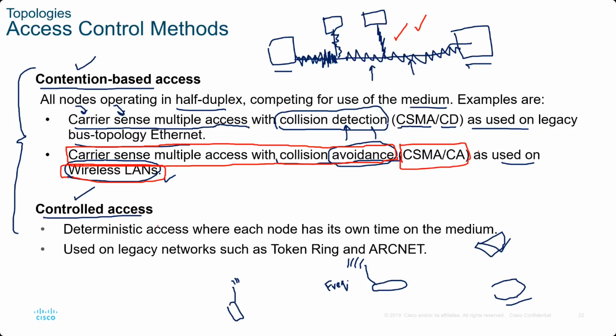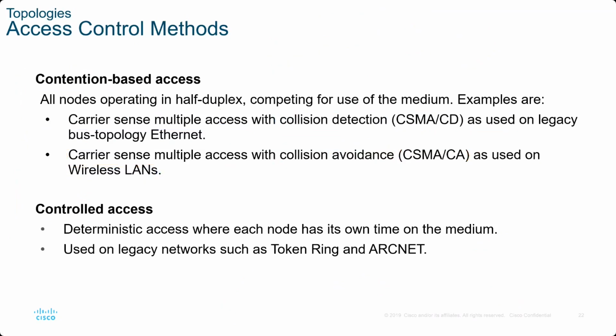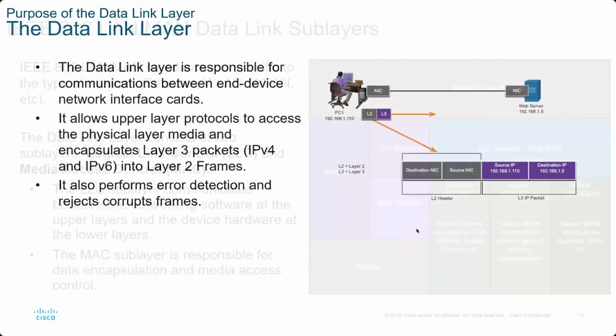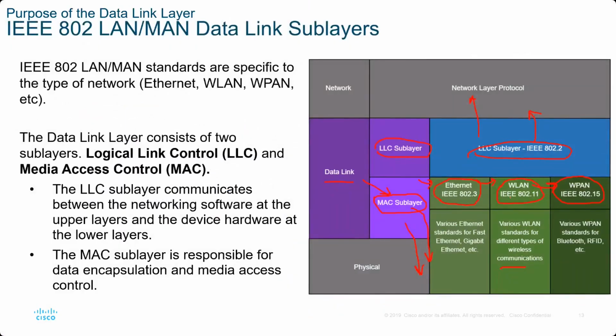Okay? That's why if you come back to this question here, here's the reason. If you're using wireless LAN as your solution at the physical layer to create a network, then you have to use the WLAN standard. Why?